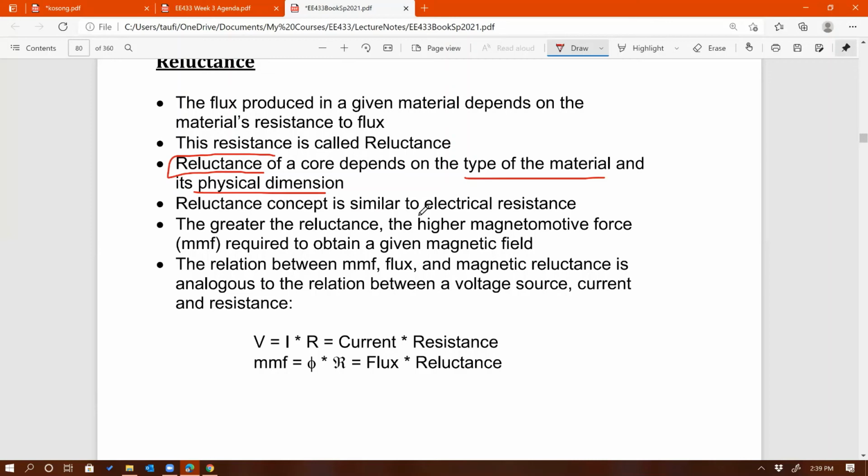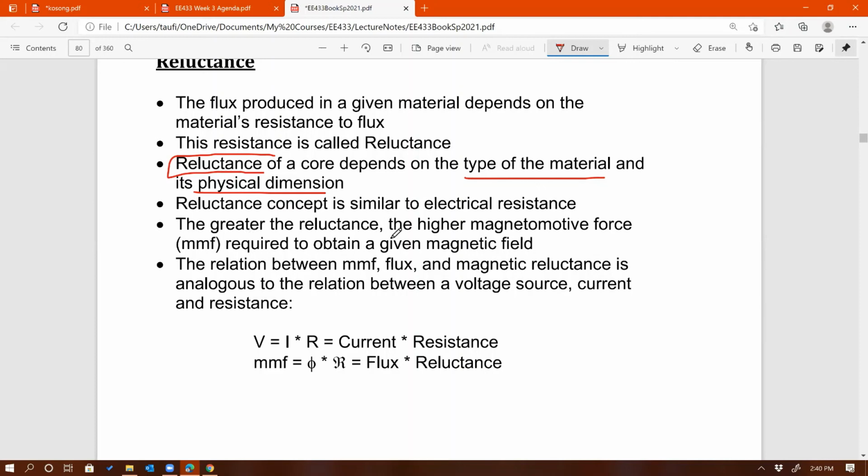Reluctance concept is similar to electrical resistance. The greater the reluctance, the higher the magnetomotive force required to obtain a given magnetic field. Magnetomotive force, I'm just going to say MMF, that's too long for me.